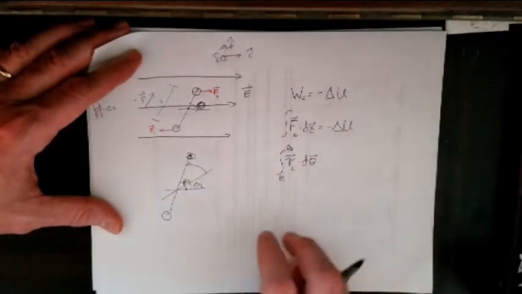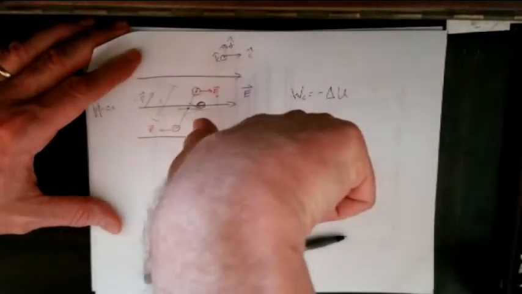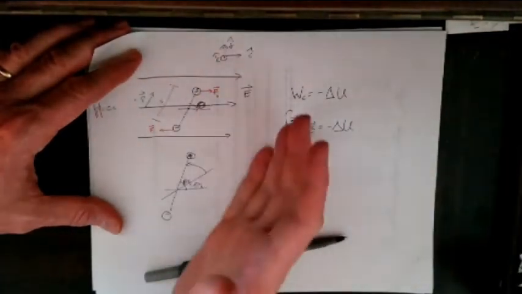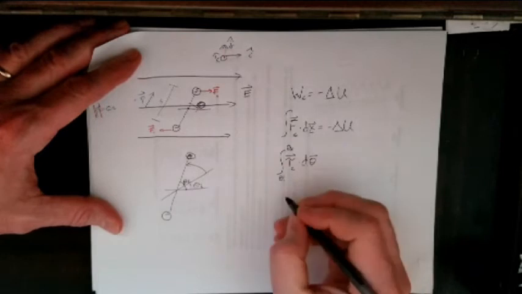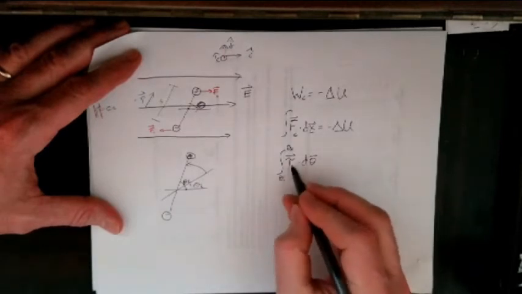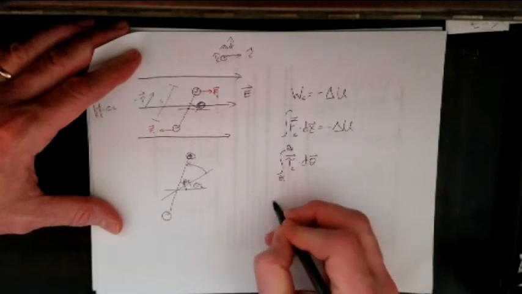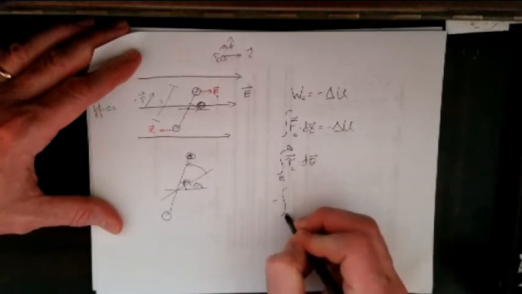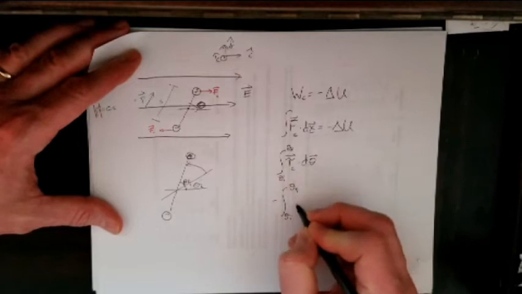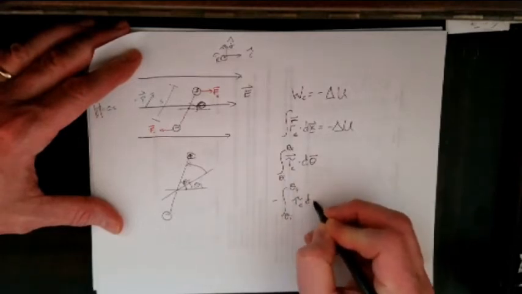Now I know that the torque is in the negative k direction, but the change in the angle is in the positive k direction. The dot product between these two, they are 180 degrees opposite each other, will give us a negative integral from theta initial to theta final of the conservative torque times d theta.